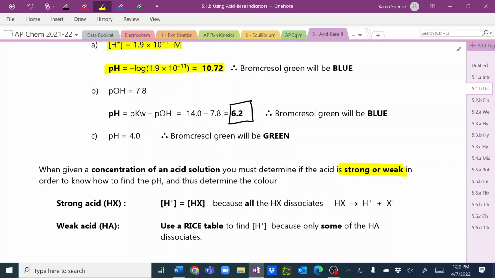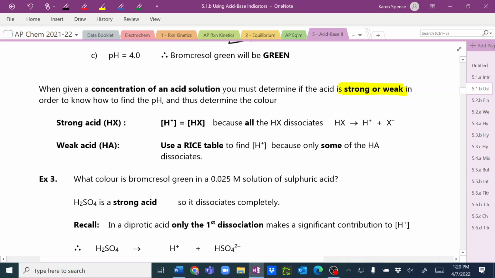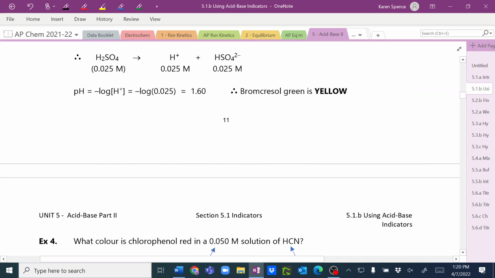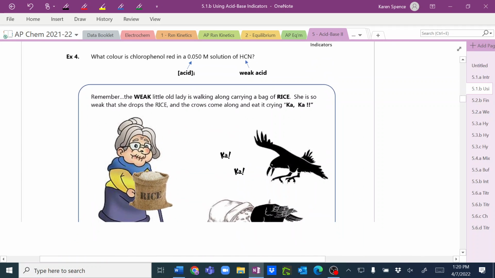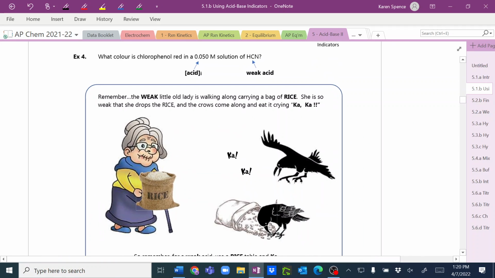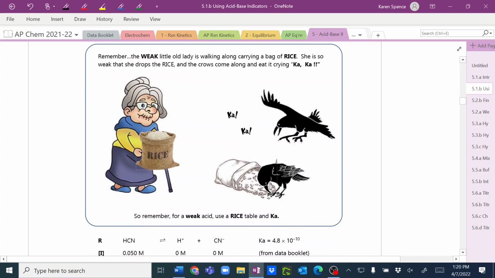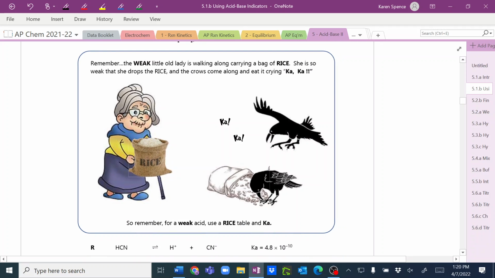Ka. You have to use RICE and Ka. Yes? Oh, did I include it in here? I did. Remember the little old lady? She's weak. She comes along carrying a bag of rice. She drops the rice and along comes the Ka. This is actually where I came up with it the first time, which is why it is still in here again. But, you know, there we go.